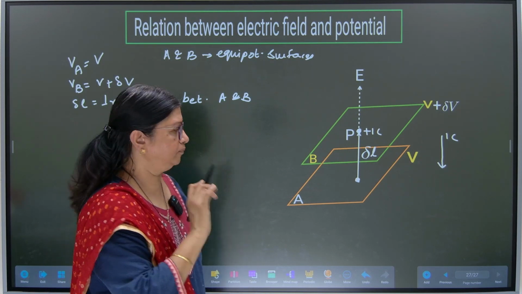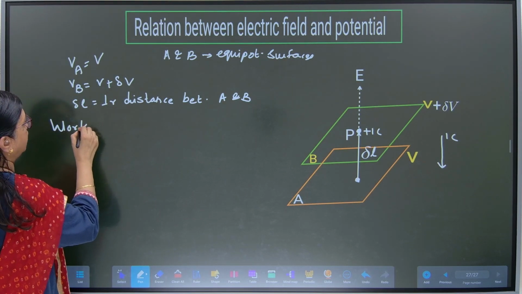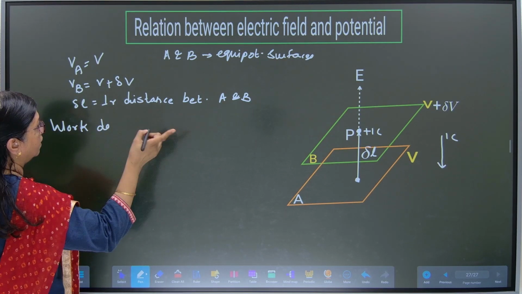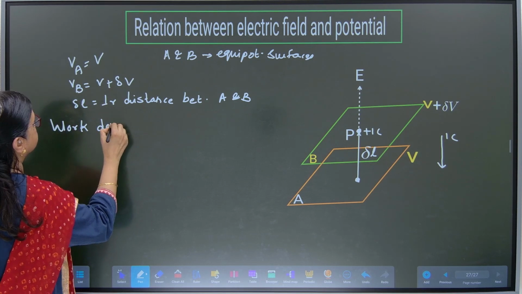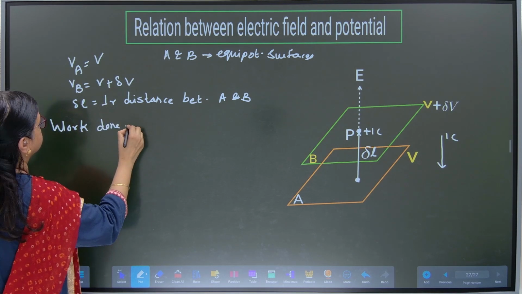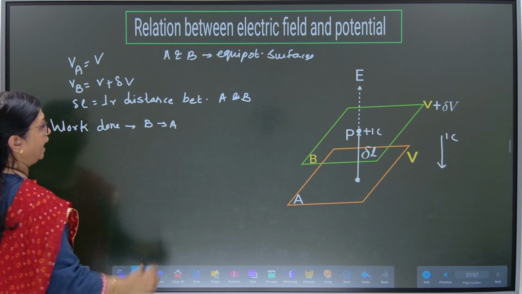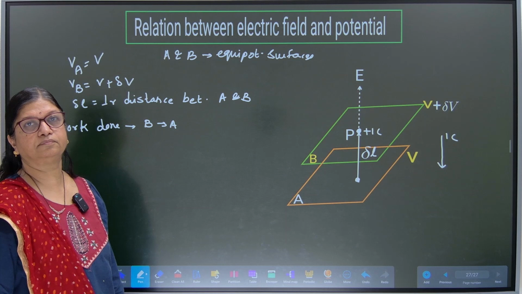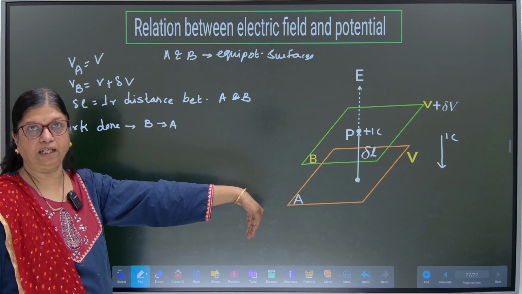That work done in shifting 1 coulomb unit positive charge from the surface B to the surface A, it is a decreasing potential, correct?